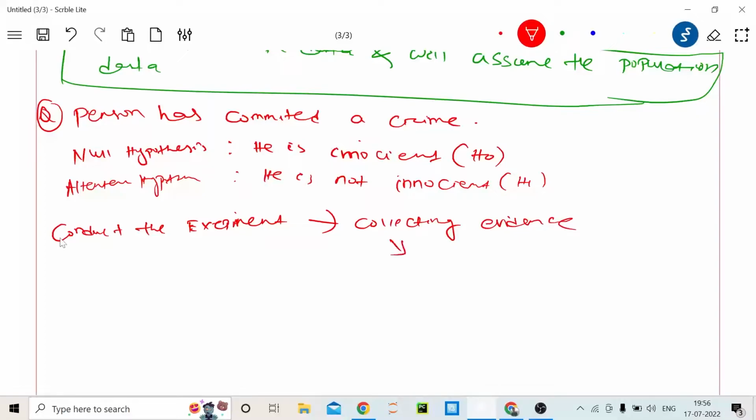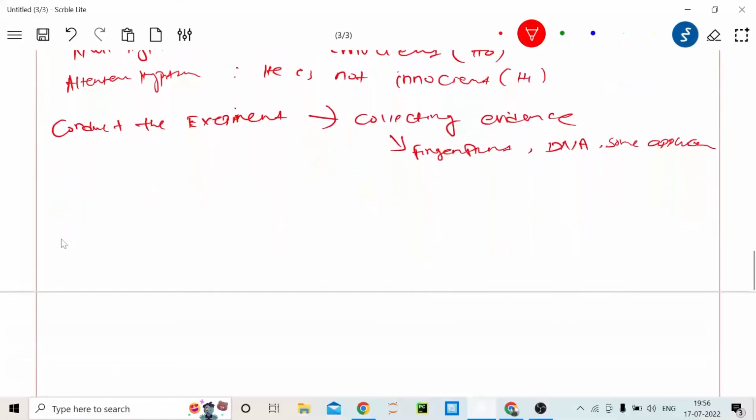You may collect the fingerprint, or you may collect DNA. After that, there is the confidence interval and this alpha value. Who decides this alpha value? In this case, the alpha value is decided by the judge.